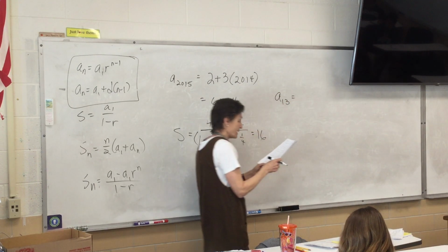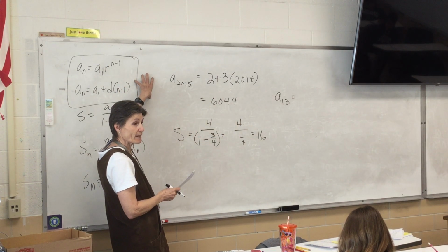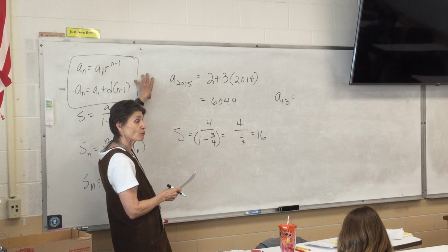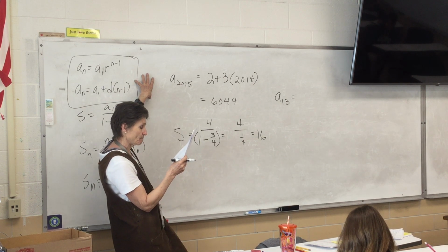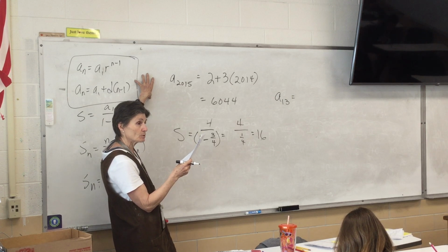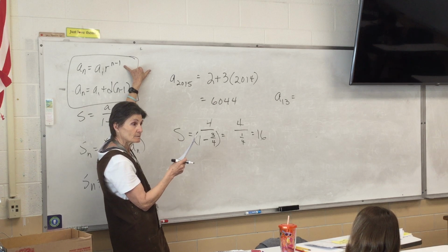Another a formula, a sub 13. So I know I'm using one of these in the box. These are my a formulas, my term formulas. What's happening in this sequence? Multiplying by 2. So I'm going to use the top one.